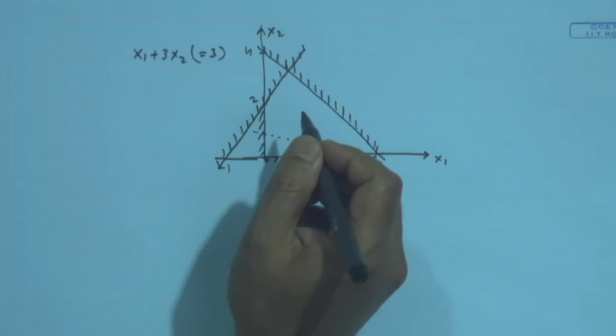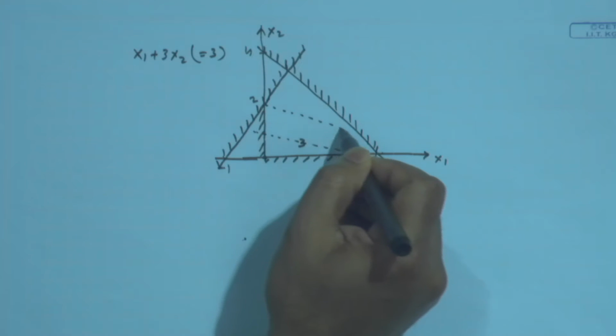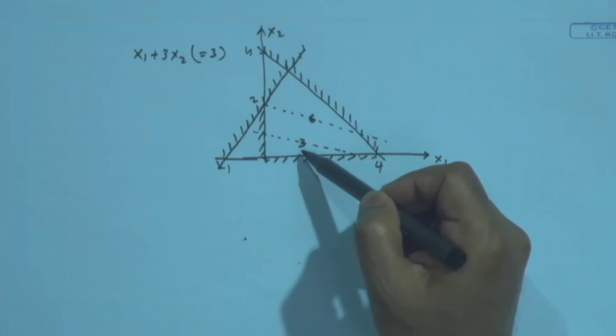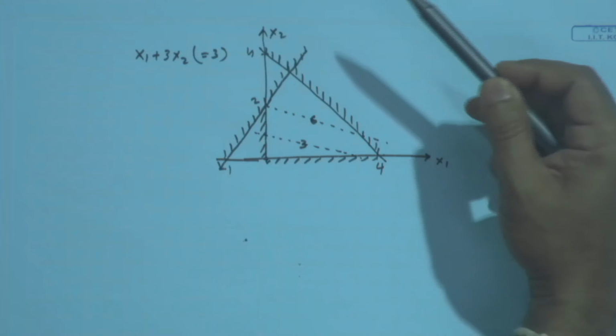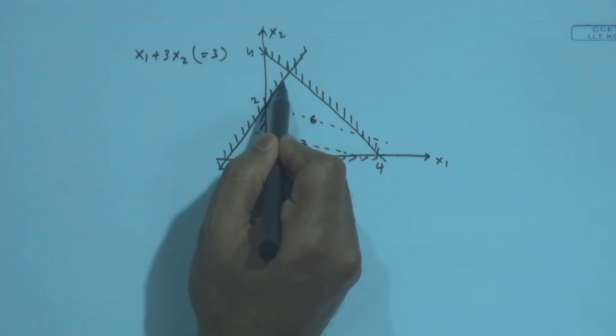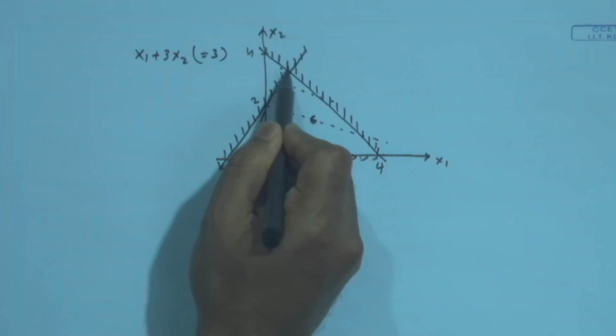Then if I do it at 6, it will go to 2, a parallel line to that. So this will have a value 6. As you see, as you go up parallel to this line, your function value is increasing. Since I have to maximize, I'll keep on doing this till, so this seems to be the optimum point, right?